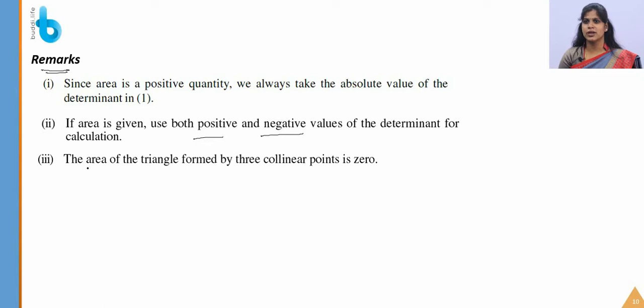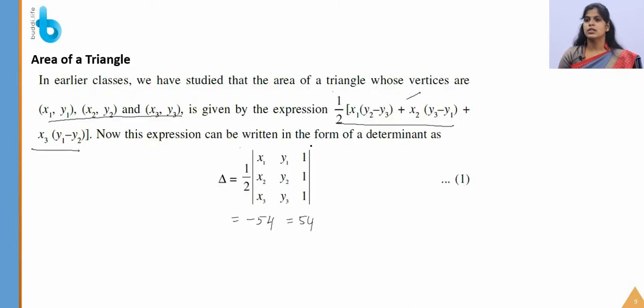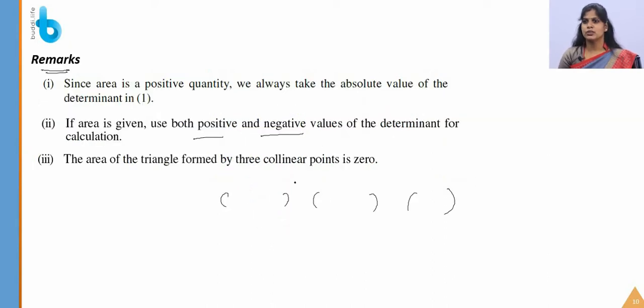Third, the area of a triangle formed by three collinear points is 0. For using this determinant formula for the area of a triangle, three points will be given. If the three points are collinear, then the area will be 0. Collinear means points on a straight line.